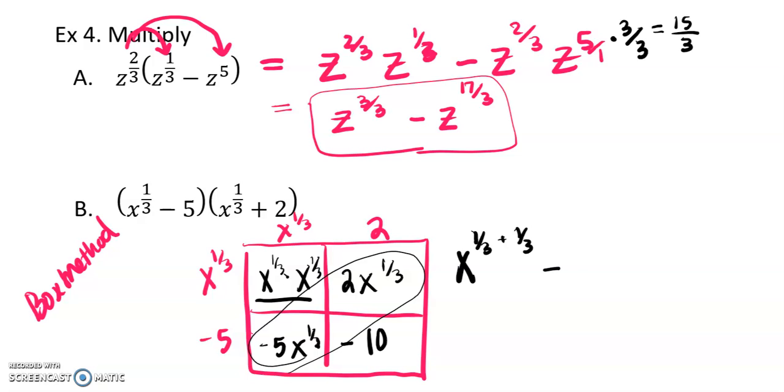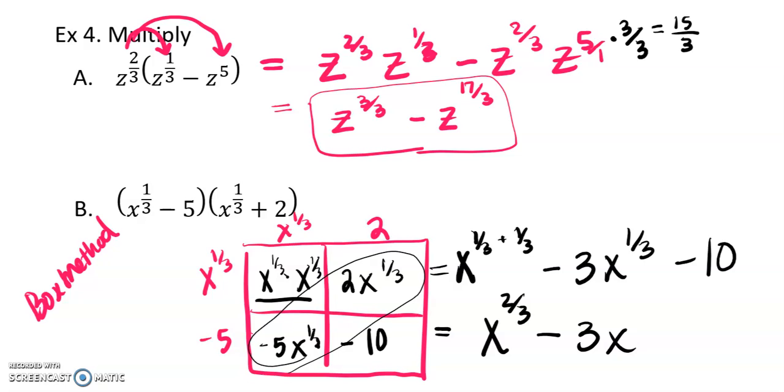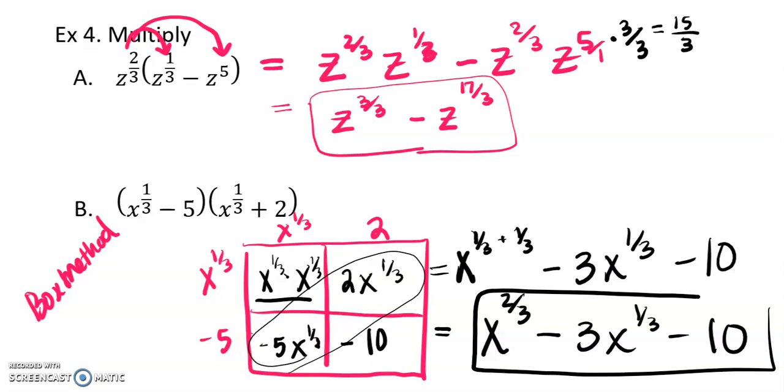So that's going to give you a minus 3x to the 1/3 and then minus 10. And then these, you're going to want to add. Since I already have common denominators, I could just go ahead and add those. So that gives you x to the 2/3 minus 3x to the 1/3 minus 10. And that would be your final answer.